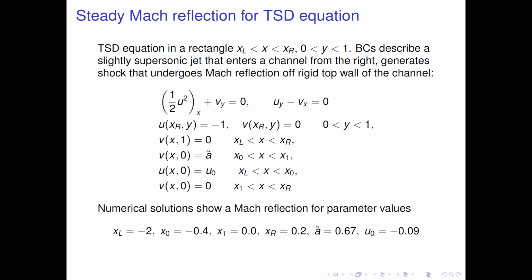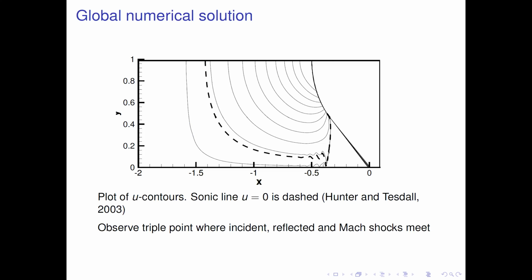So that's kind of the general physical picture. And I'm not going to describe any of this, but here's a specific boundary value problem for the steady TSD equation in a rectangle that kind of models that picture. And here's the global numerical solution for that problem. So again, this is the incident shock that's generated from this lower boundary.